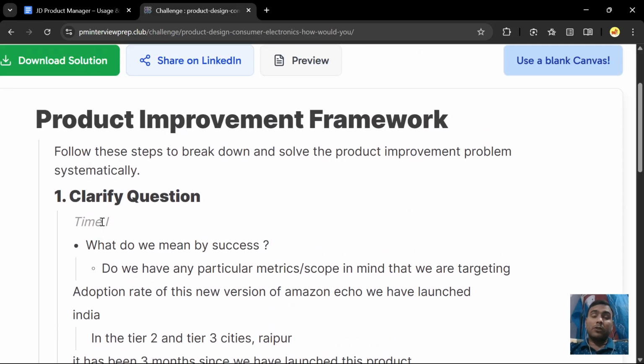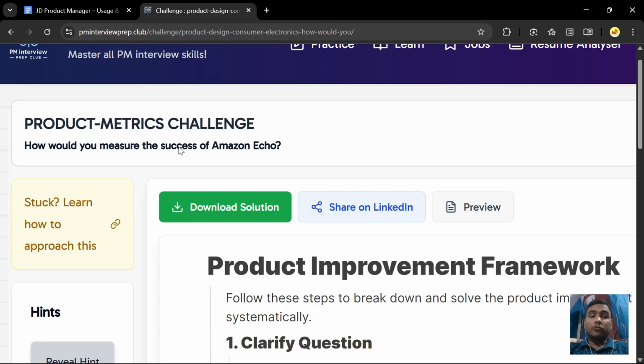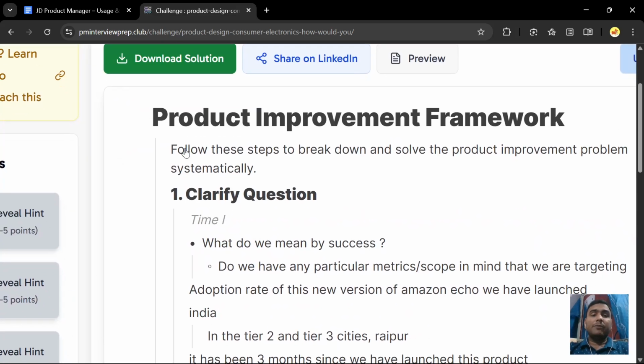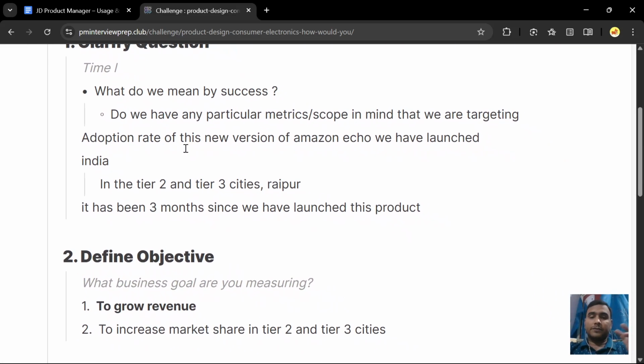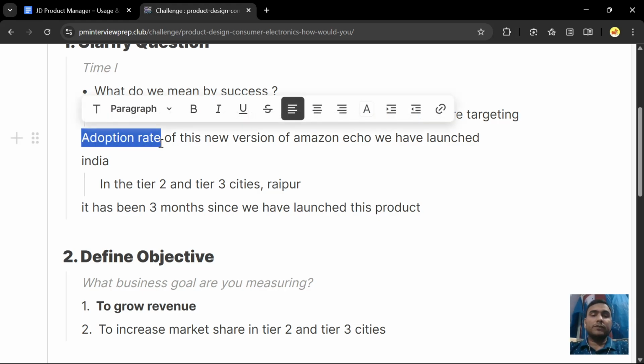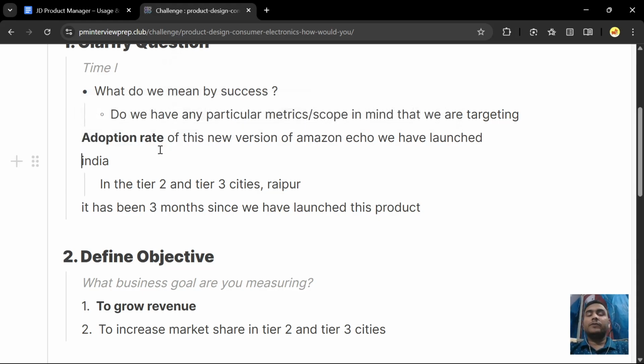Since this problem statement is part of a product metric, how are we measuring the success? We are measuring it as an adoption rate. Since we have launched this in tier 2 and tier 3 cities, we are measuring how well this product has been adopted by consumers in the city of Raipur.